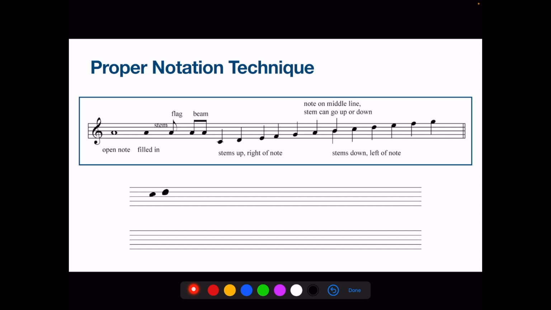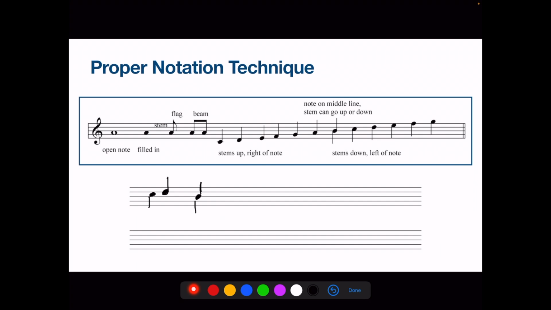So when we add a stem, it could go either down or up, right? So here is the very important part. Know that if we write the note head right in the middle, then the stem can go up or down, either way.